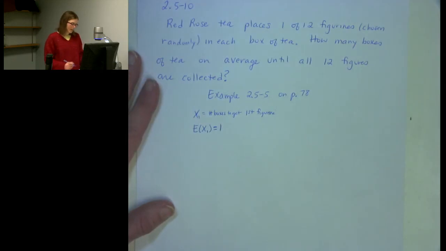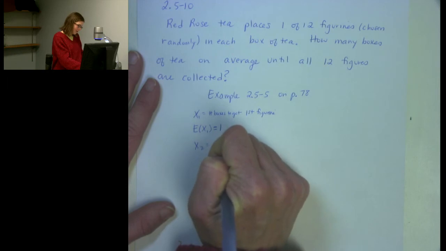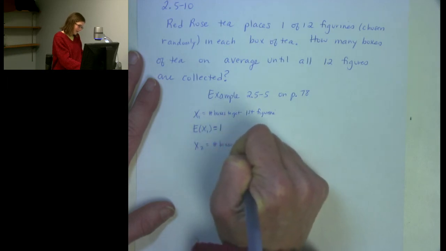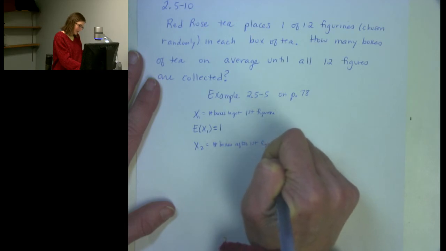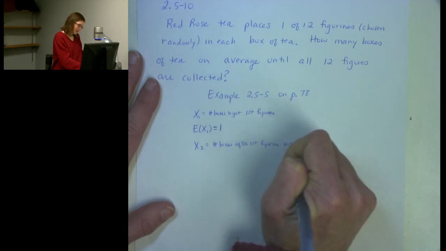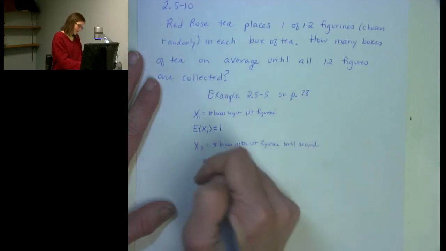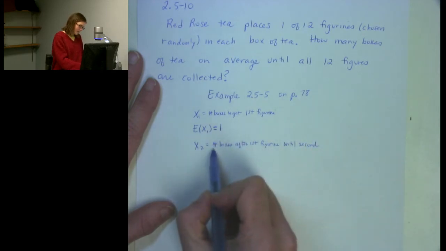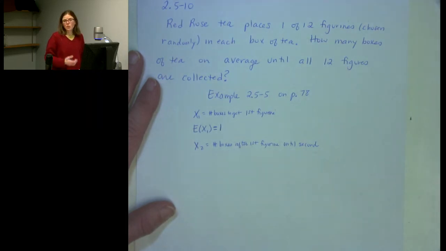Now, if we call X2 the number of boxes after we collect the first until we collect the second one that we haven't got, we're looking at the time until the first new figurine.